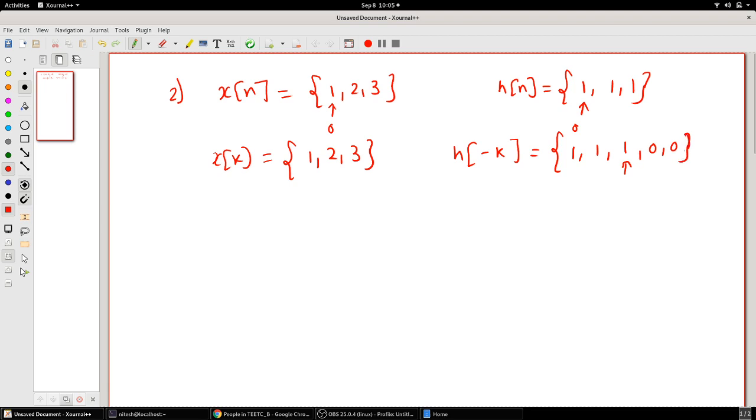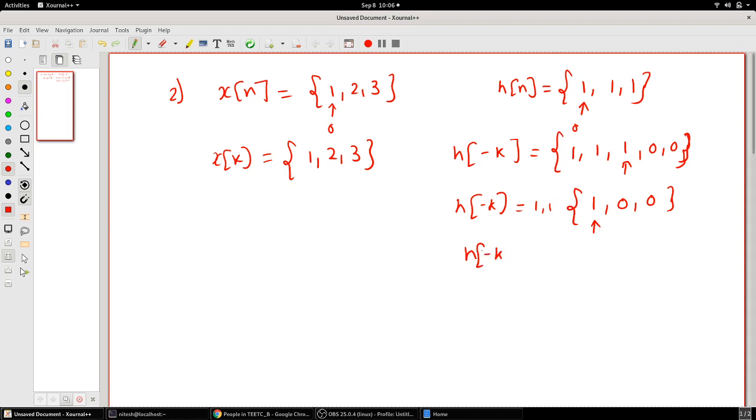This is one way of writing it, or I could have written h of minus k as 1 0 0, and I can say that there are ones which are waiting on the left hand side. Okay, so now I multiply x of k with h of minus k.